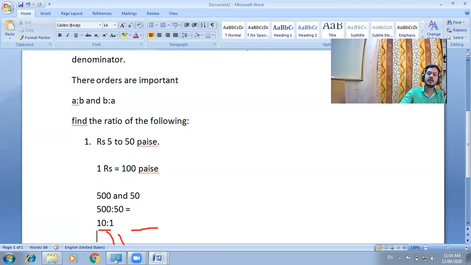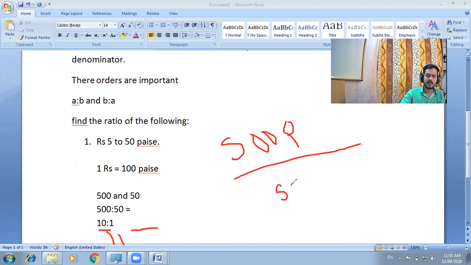It means that 500 paise to 50 paise, paise and paise have the same unit and cancel out. 0 and 0 cancel out, 5 ones are 5.